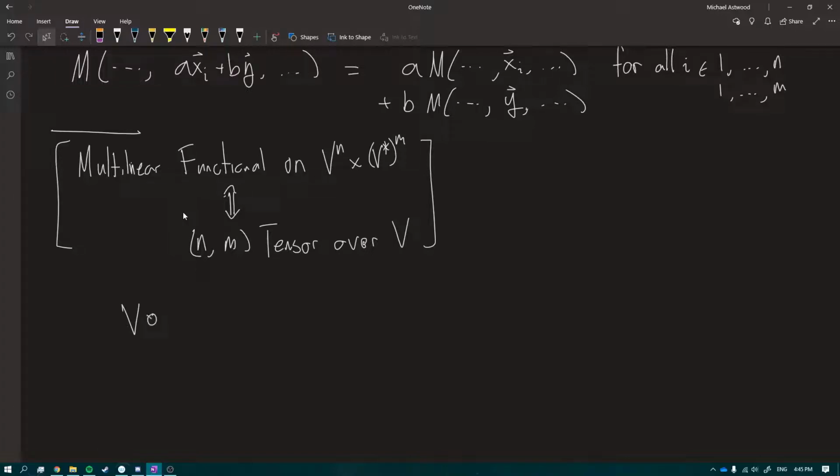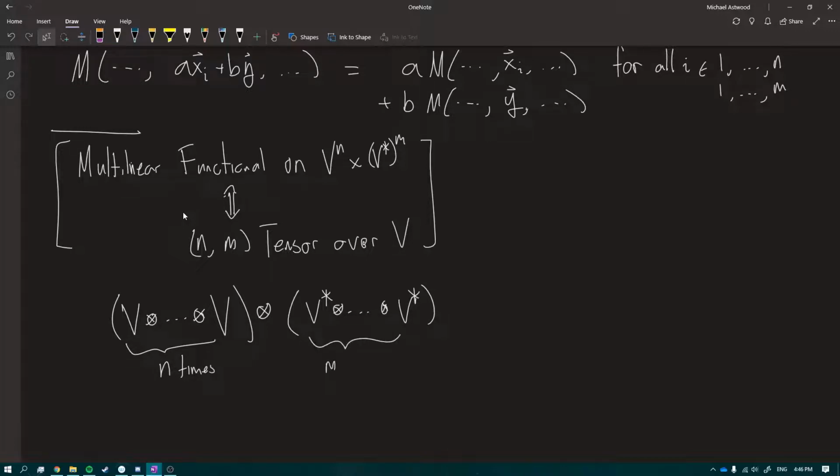V tensor dot dot dot tensor V, and then we're going to tensor it again with V star m times. So this is n times, and this is m times.